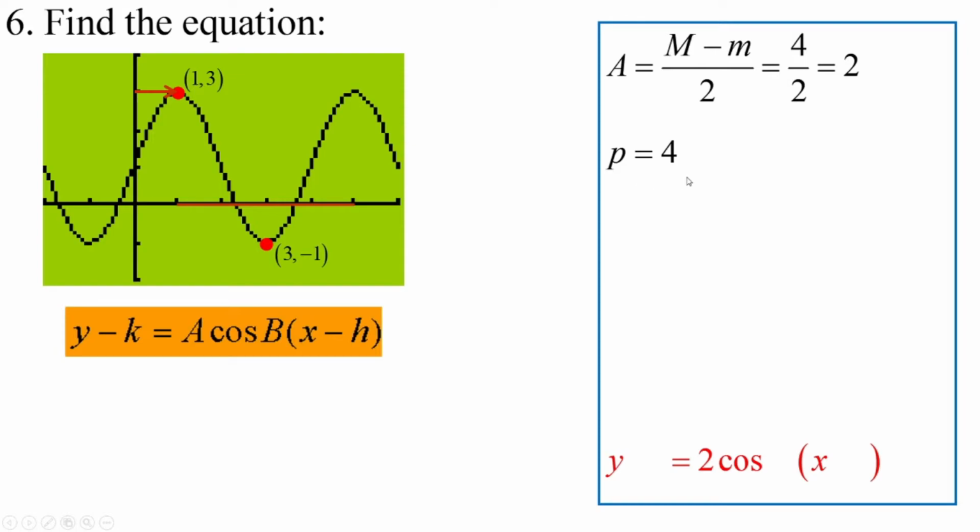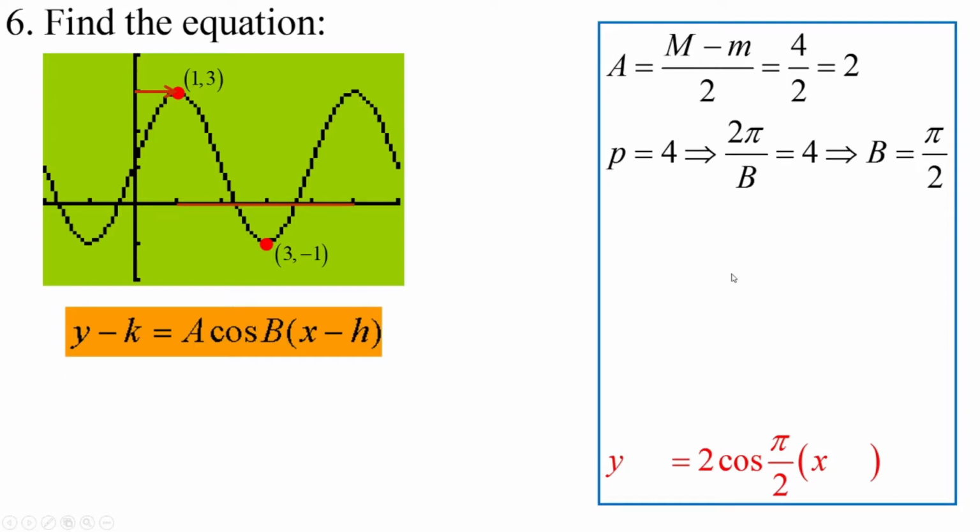And you guys know we use that period to find our B. This implies 2 pi divided by the B has to equal 4. 2 pi over B equals 4. Now let's just solve this equation for B. So I'd multiply by B and divide by 4. So B equals 2 pi over 4, which I would write as B equals pi over 2. That's my B right there.